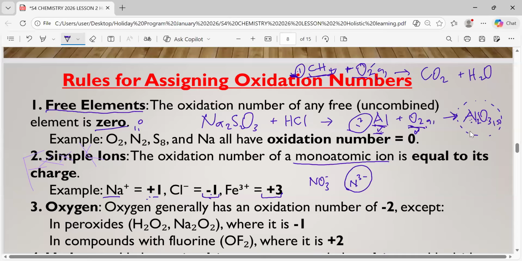But when it forms a product, it becomes a compound. In this product, the oxidation number of aluminium will change and the oxidation number of oxygen will change. It will no longer be 0 because it is in a combined state. But when it was free, its oxidation number was 0. Even aluminium, when it is free, its oxidation number is 0. So a free element is one that is not combined with any other element.